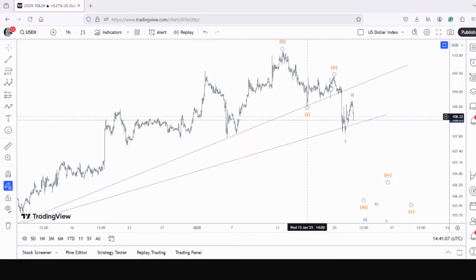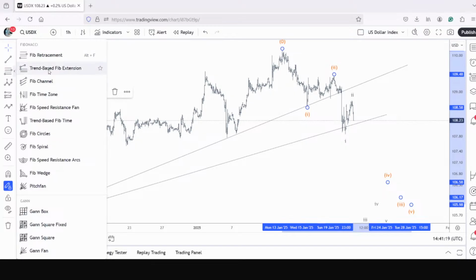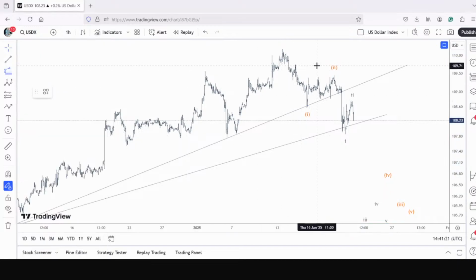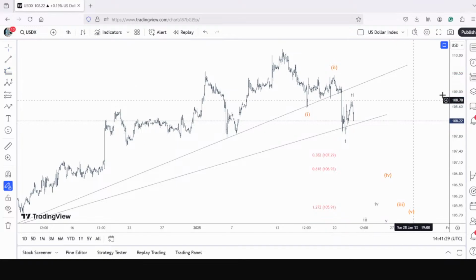So we've got wave 1, wave 2, and then the third wave is extending, probably wave 1, 2, and the third wave underway. Right. So if we do a third wave extension, let's see how it looks. Let's do a simple third wave extension.